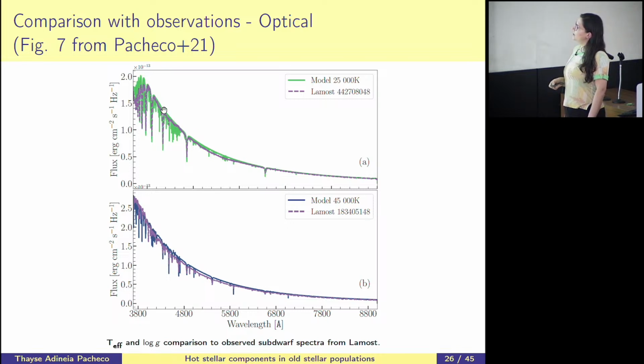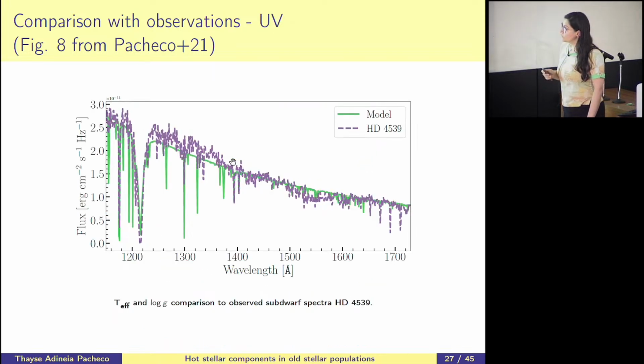These purple lines are spectra observed by LAMOST, and we have models at 25,000 Kelvin and 45,000 Kelvin. Comparing with this observation, we have a fair agreement between observed and model spectra. We also have this comparison with observation in the ultraviolet.